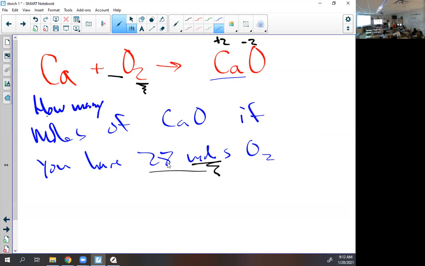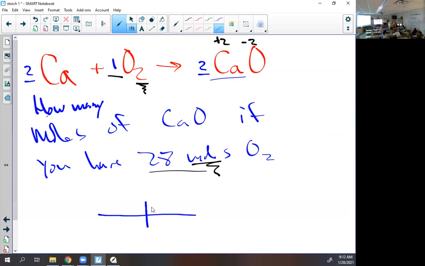According to my steps, the first step is to balance it. Will you balance it yourself real quick? All right, it is a 2, a 1, and a 2. Then, how many moles of CaO if you have 28 moles of O2?